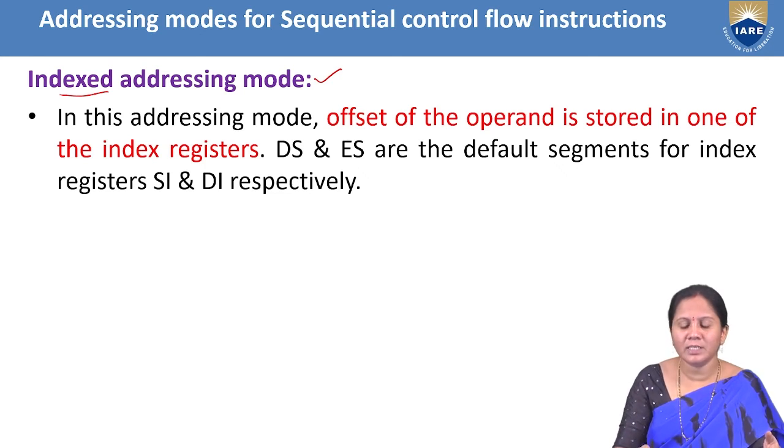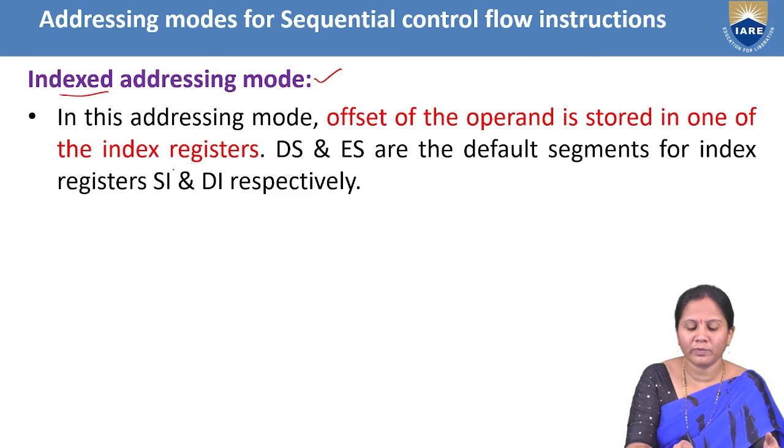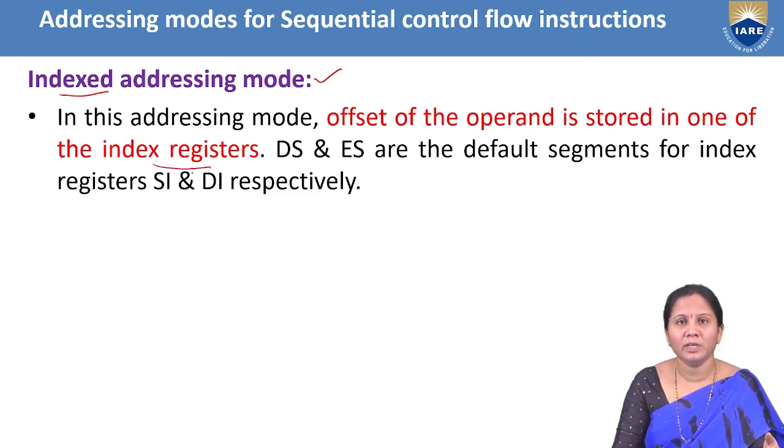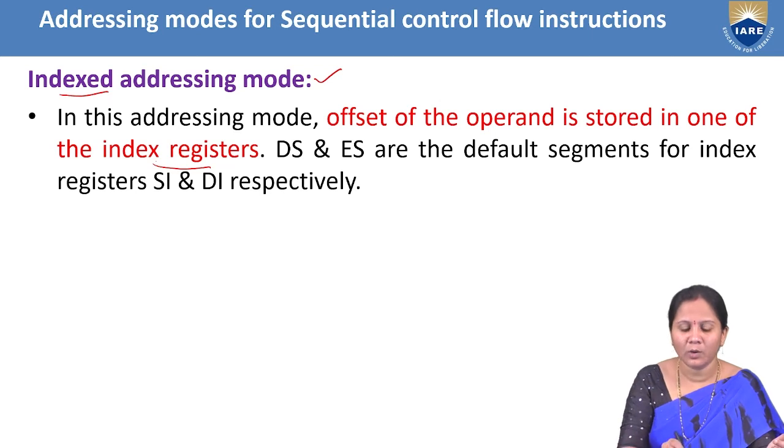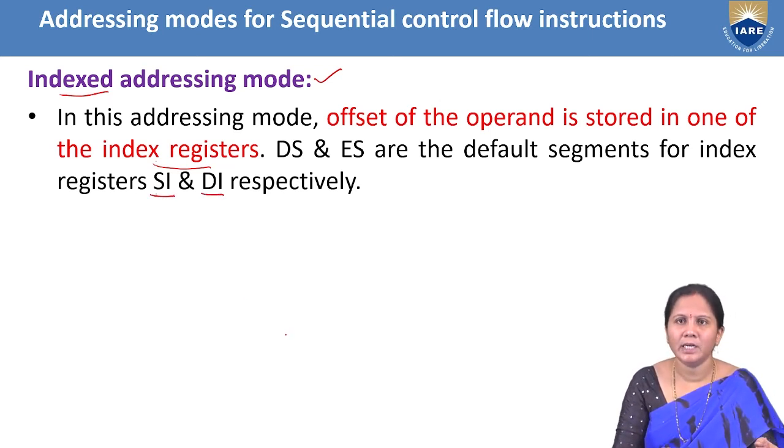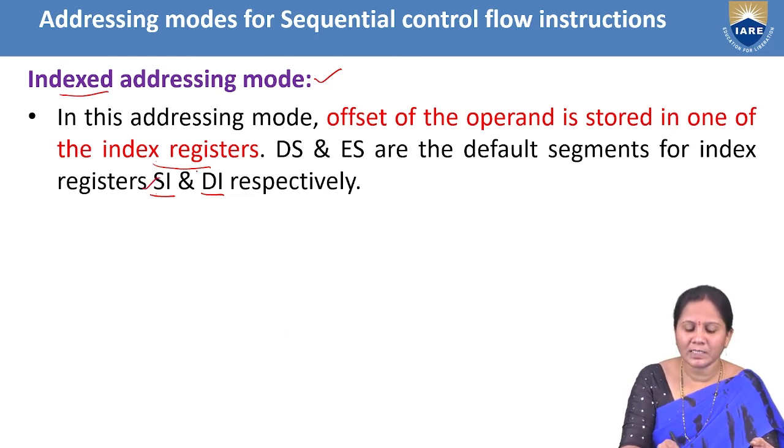Now, in this addressing mode, the offset of the operand is stored in any of the index registers. In the 8086 microprocessor, we have two index registers: SI, source index, and DI, destination index register. From the SI and DI registers, we get the offset address.